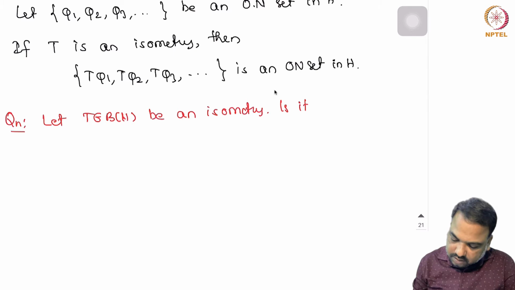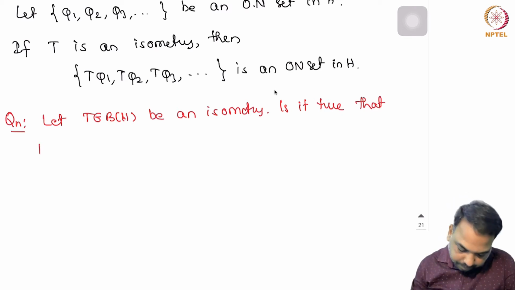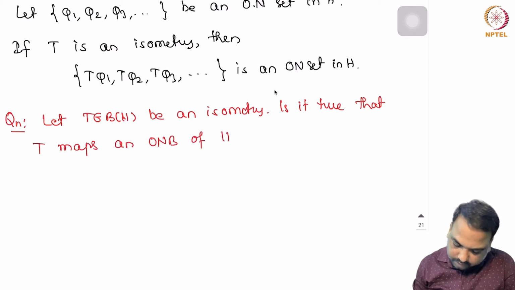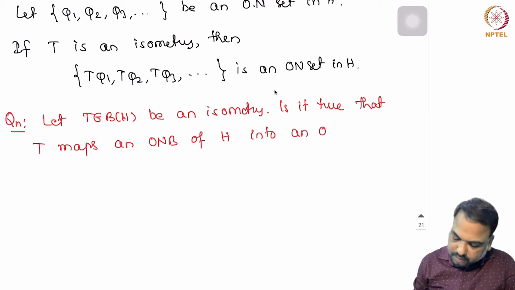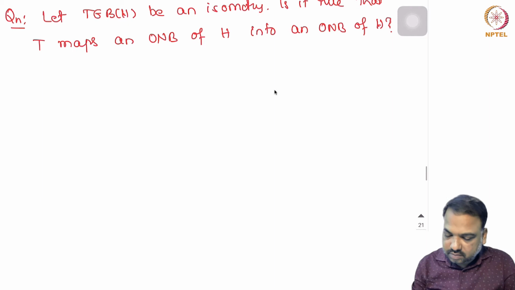Is it true that T maps an orthonormal basis of H into an orthonormal basis of H? We can give an example. This is not true.